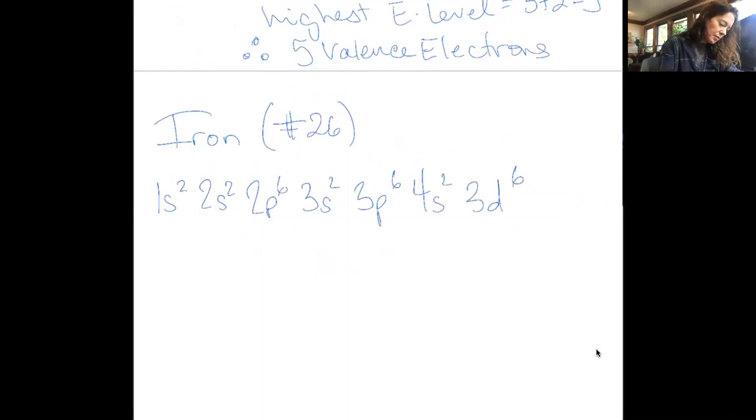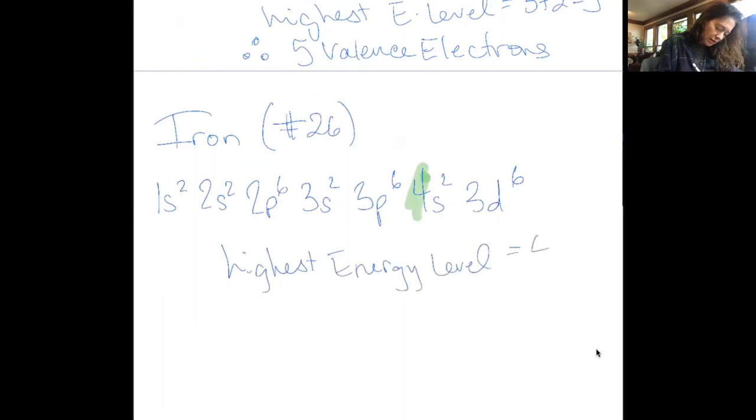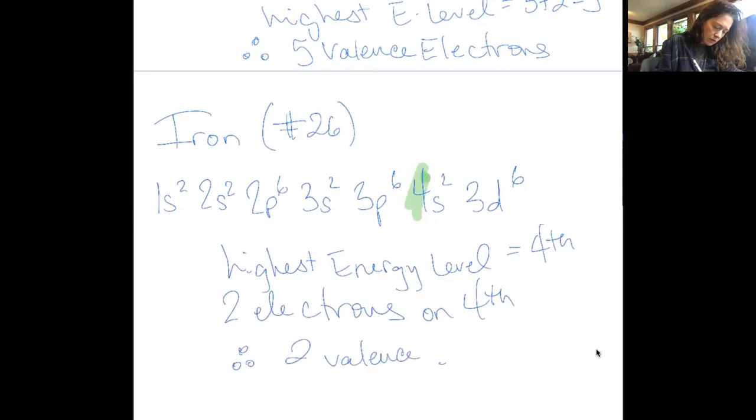Now, this time, my highest energy level is the fourth, right? Because 4 is bigger than 3. There are 2 electrons on the fourth. Therefore, there are 2 valence electrons.